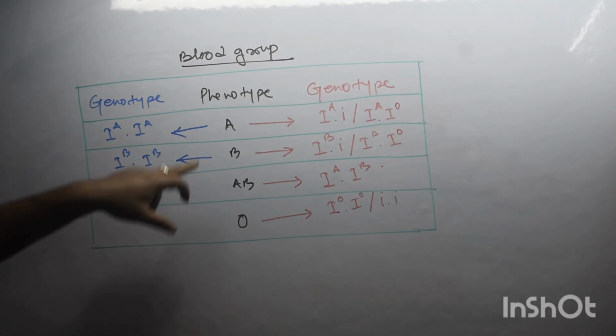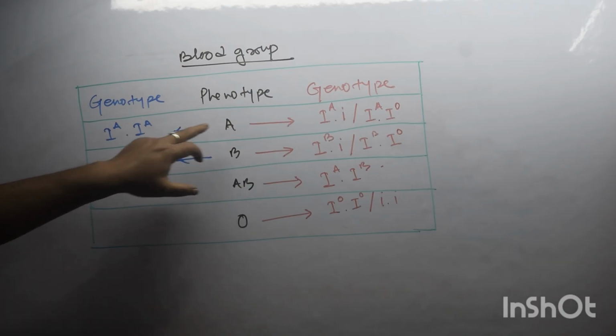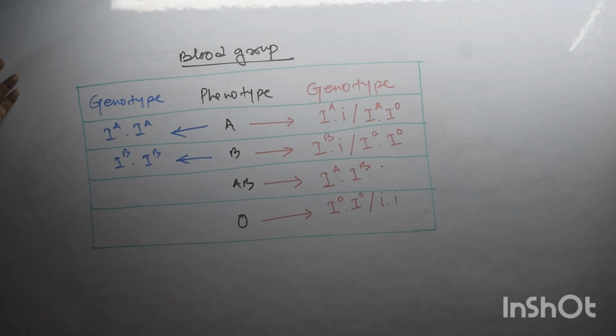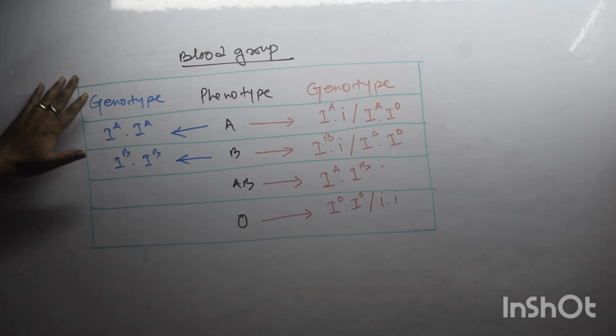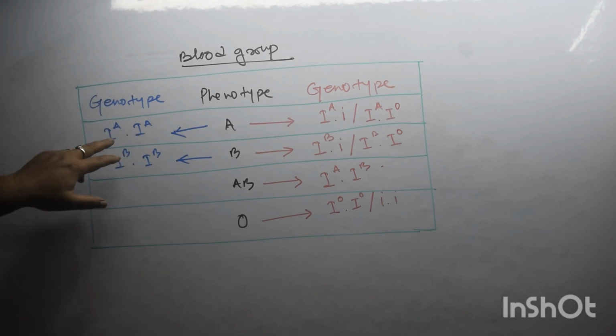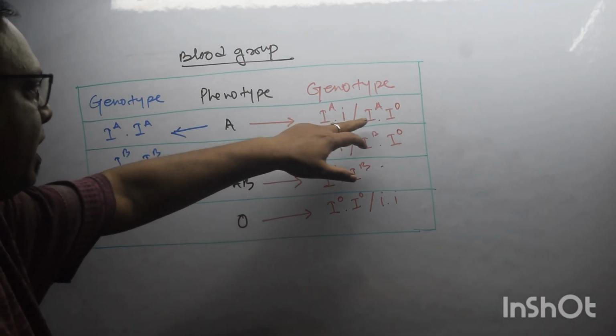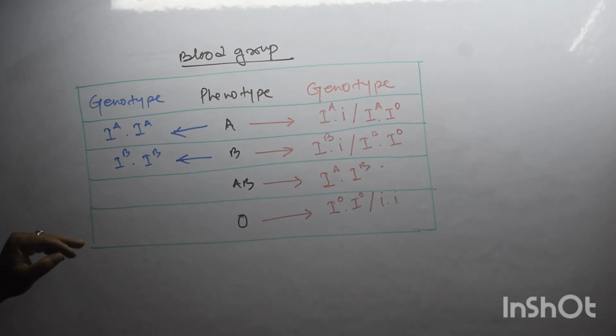Blood group phenotype A can be represented by IA IA, one gene from father and one from mother, or IA small i, or IA I0.